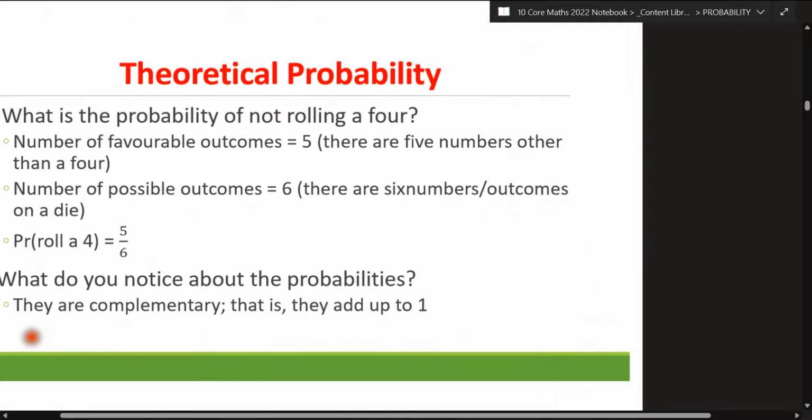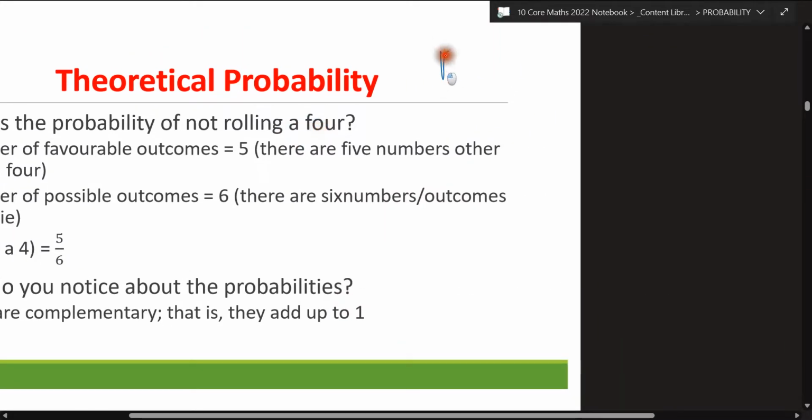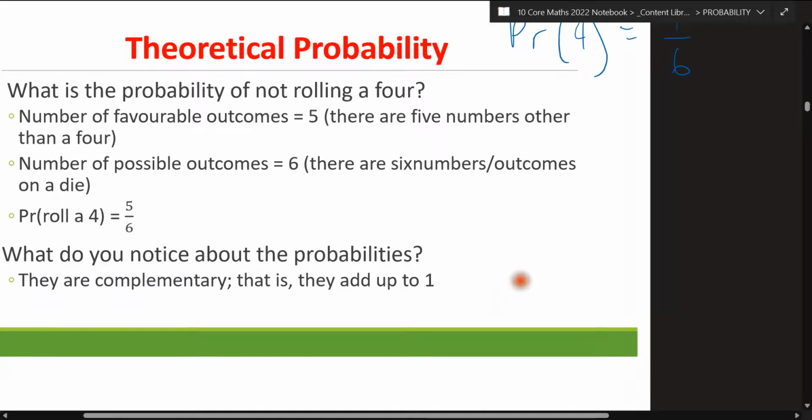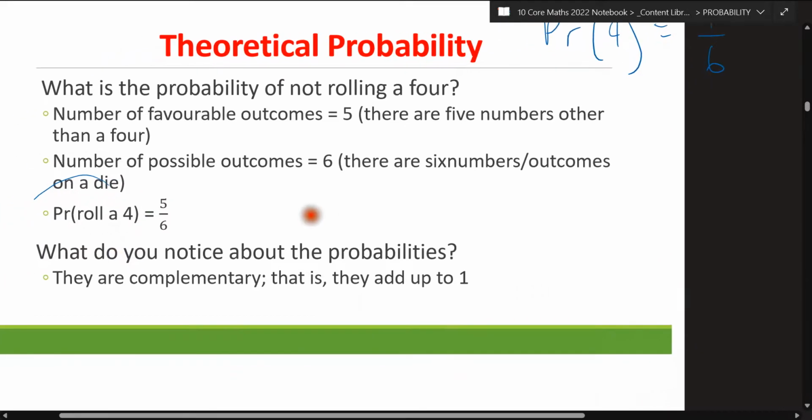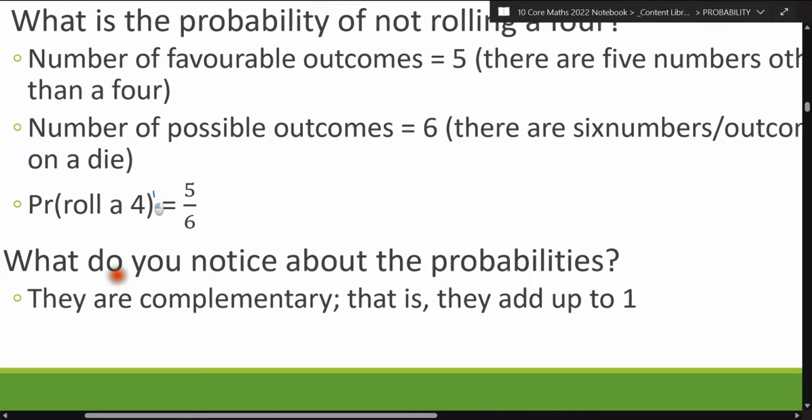What is the probability of not rolling a 4? Remember, we had this before. PR of 4 on a dice was 1 over 6. There should be a dash here for not 4.